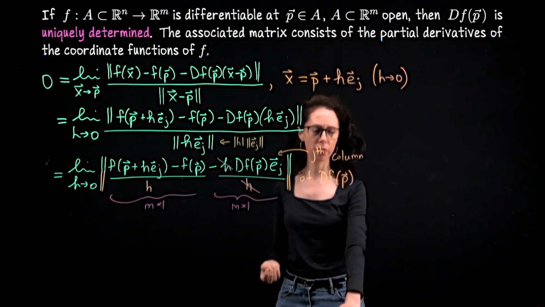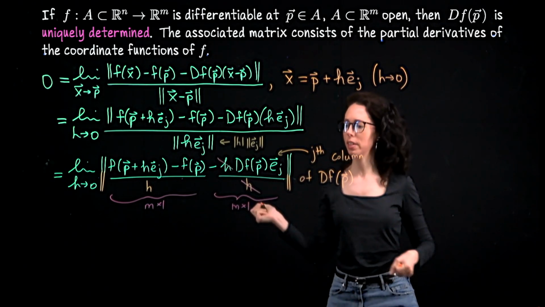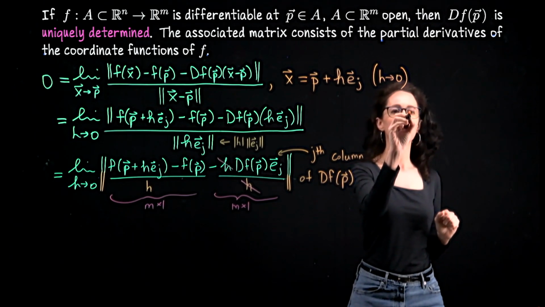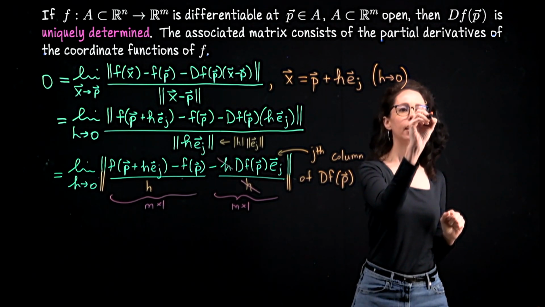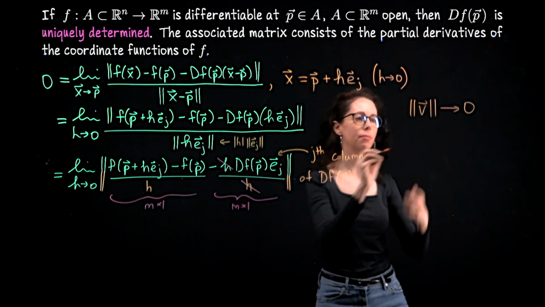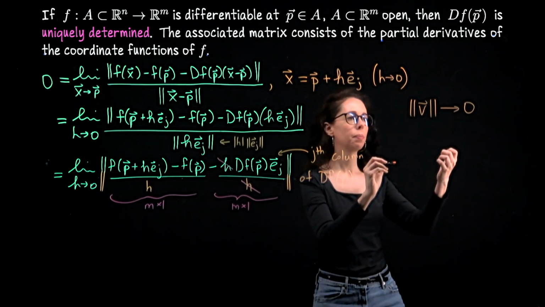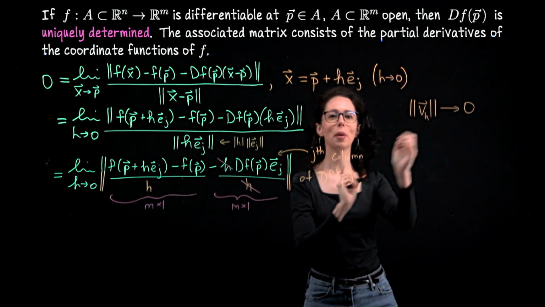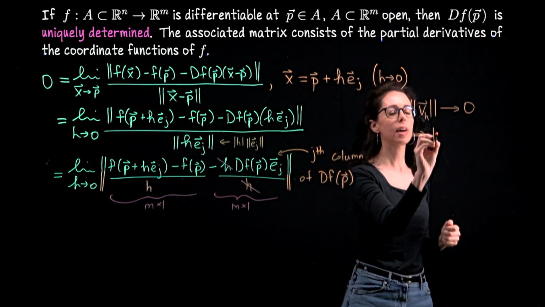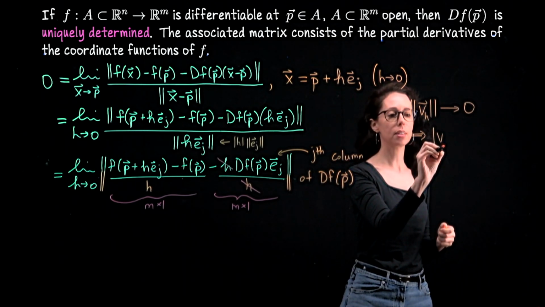Maybe I'll make a note over here. I'm sure I'm going to end up erasing some stuff to give myself more room. But let's say some vector v goes to 0. Okay, so say v is changing, but v goes to 0. v goes to 0 if and only if the size of its coordinates goes to 0.